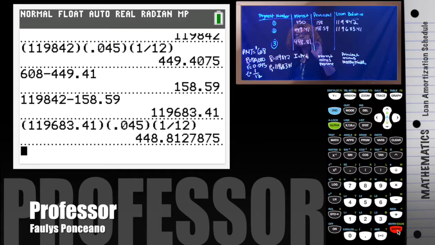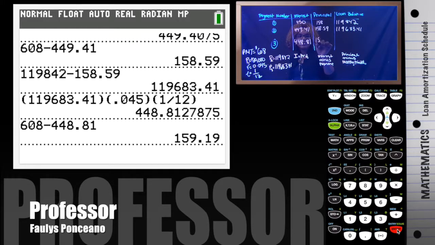448.81. Now we're going to subtract the monthly payment from the interest. 608 minus 448.81, enter, 159.19, and now we're going to subtract this from the loan balance. 119,683.41 minus 159.19.